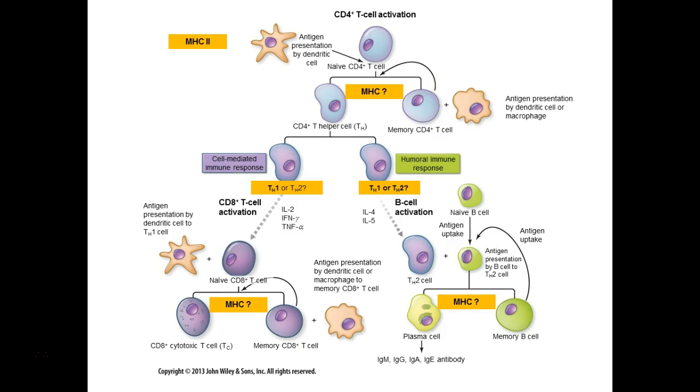So now we found out last time, there are 2 ways we could go as far as the adaptive immune response. We can do a cellular response, which is this side, or we could do a humoral response, which leads to the production of antibodies, what we're going to focus more in on here today. So these helper T cells actually have been divided into 2 sets based on the cytokines they produce, and therefore what cells they talk to and what outcome we get.